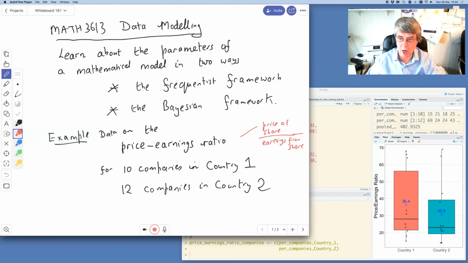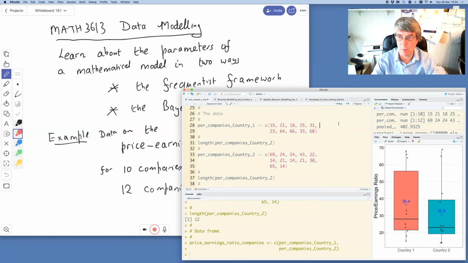The data are presented in R, which is a free statistical package that we study at Plymouth, and they are shown there on the screen. There are the 10 values from companies in country 1, and there are the 12 values from companies in country 2.